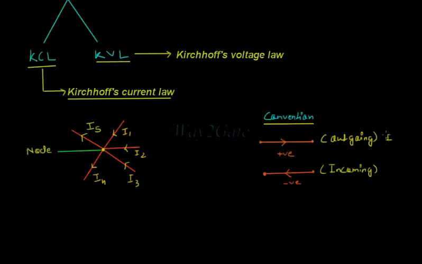Here, I4 and I5 are outgoing currents and taken positive, and I1, I2 and I3 are incoming currents that are taken negative. Therefore, according to KCL, the algebraic sum of currents at any node or junction is equal to 0.